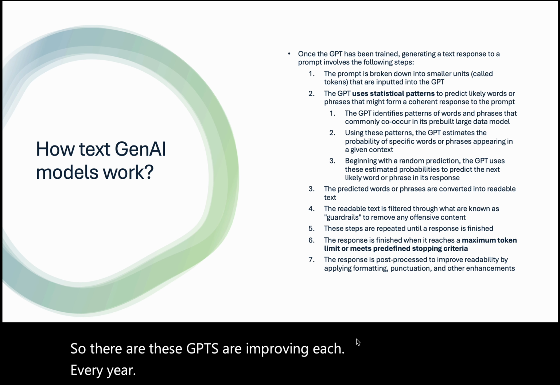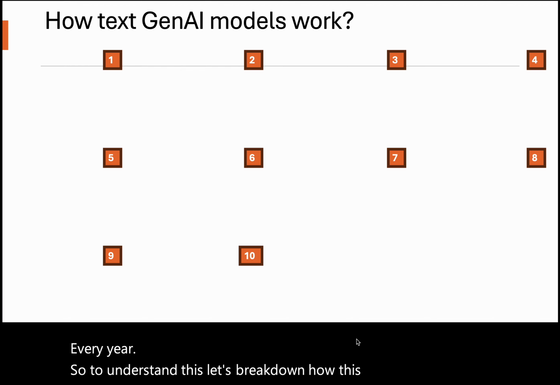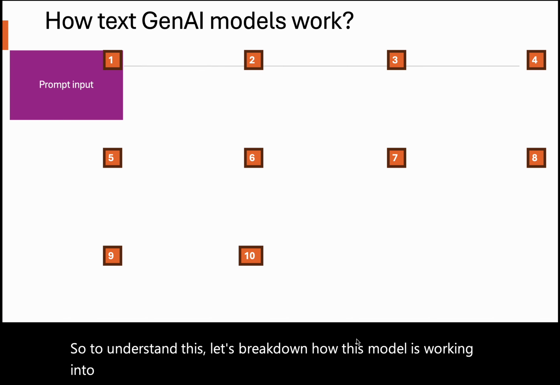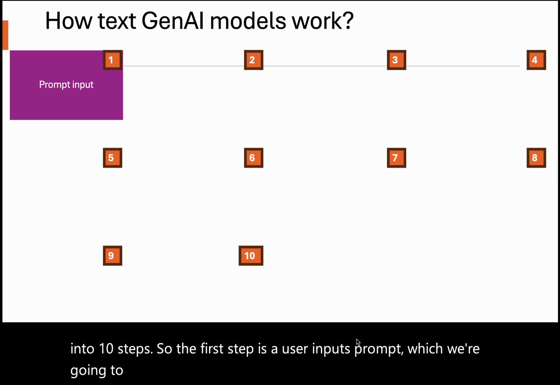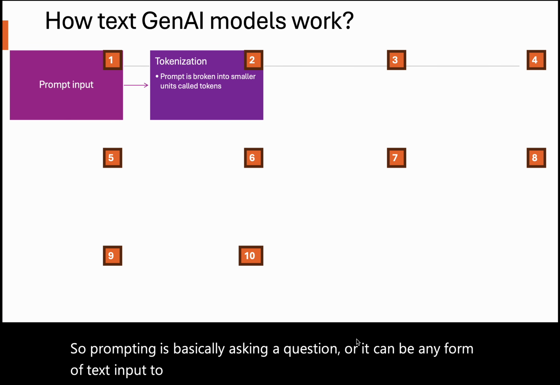To understand this, let's break down how this model works into 10 steps. The first step is a user inputs a prompt, which we're going to discuss in a minute. Prompting is basically asking a question, or it can be any form of text input to the GenAI.